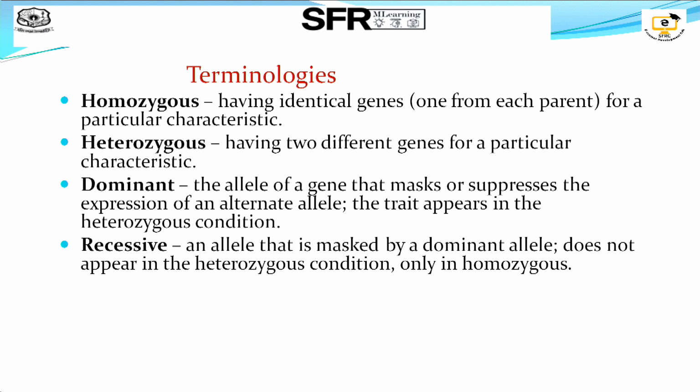When can tallness be repressed? I showed you the alleles. If in both chromosomes the capital T is present, we express the capital letter T. There is no actual letter; it is our assumption, we are just giving the letter. So if both have the dominant capital T, then the tall character will be expressed. If one gene has capital T and the other has small t, the capital T will still be expressed.